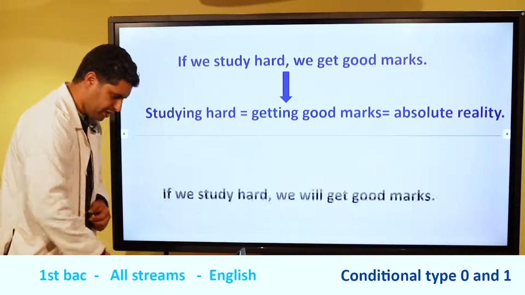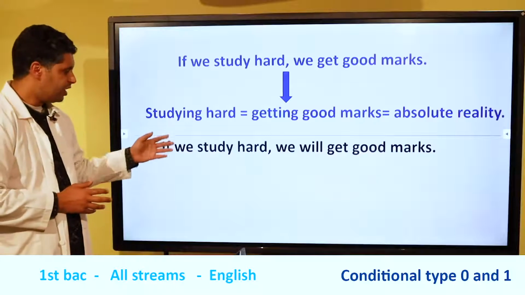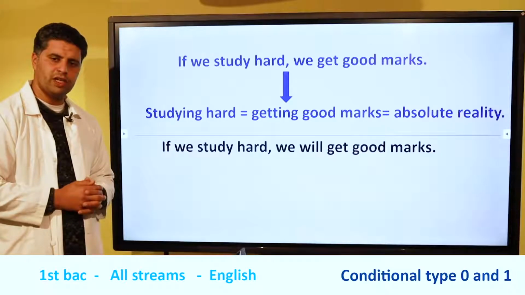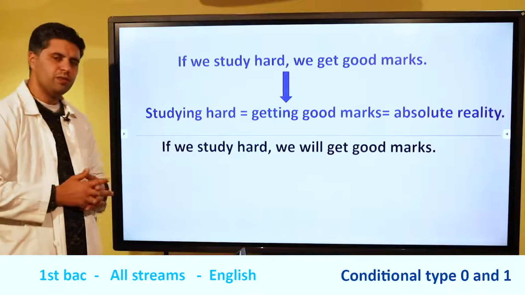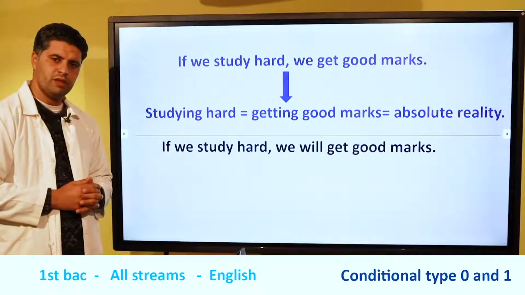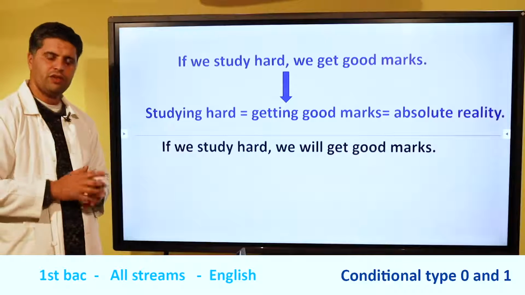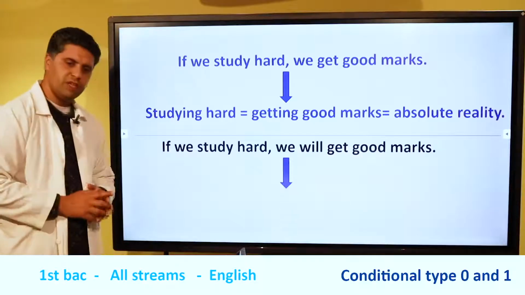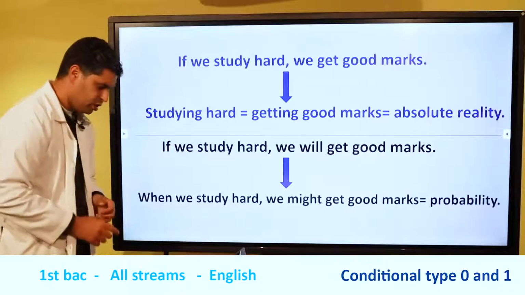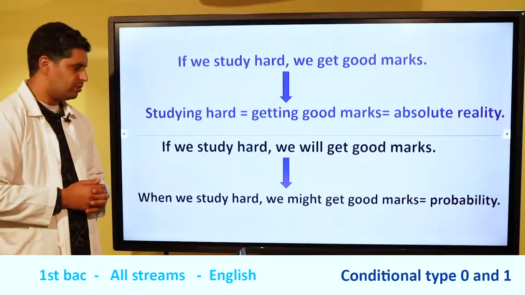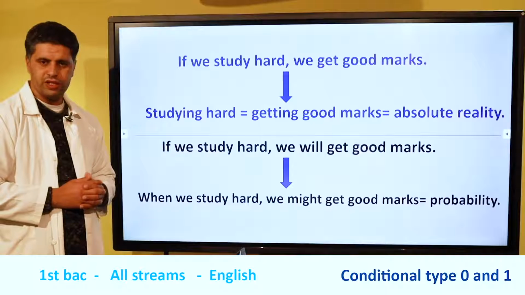Let's take another statement. If we study hard, we will get good marks. Of course, there is a difference between the first sentence and the second sentence, but it is just a very small difference. Let's see the meaning of the second statement. When we study hard, we will get good marks. Here, the meaning is different.